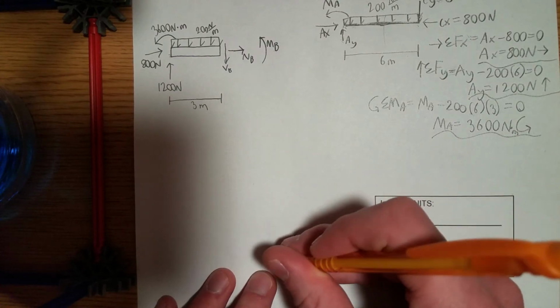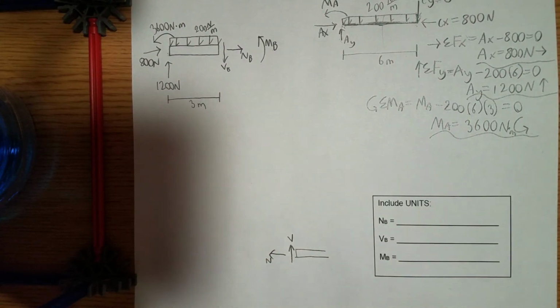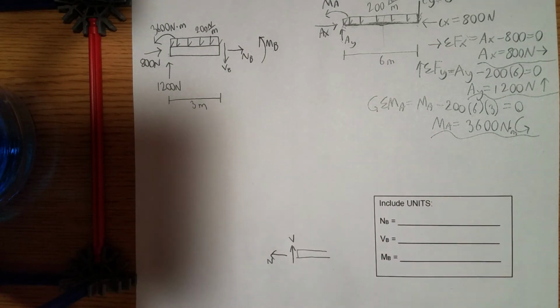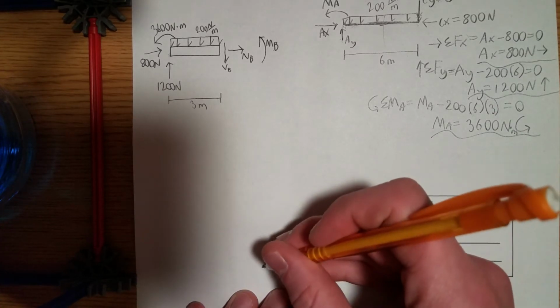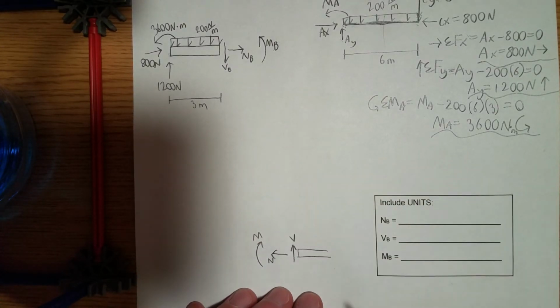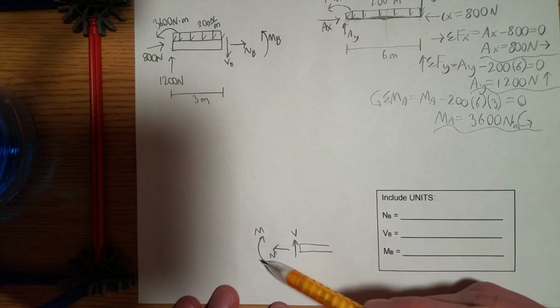N is always going to be going outward. If you think back to our trusses, they are always drawn with the arrows pointing out from the point. That's because we assume them to be in tension, because tension is positive. And we're going to assume that the normal force is in tension because tension is positive. And last, we're going to have our moment, which is always going to curl up and around.